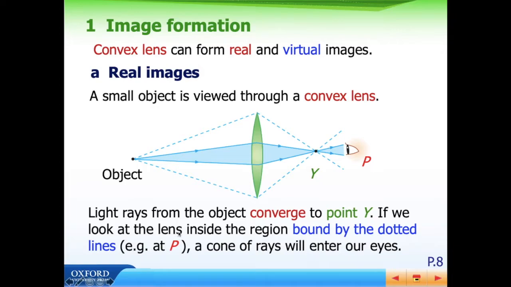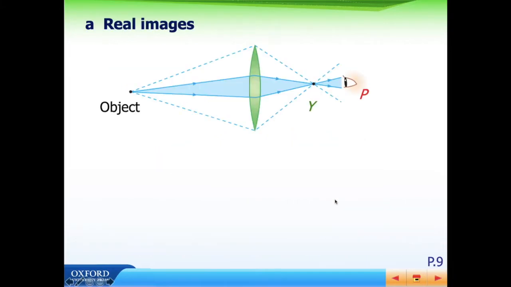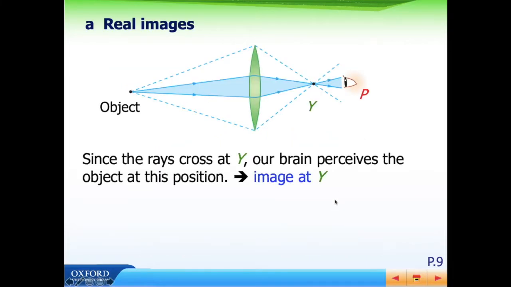If we look at the lens inside the region bound by the dotted lines, for example at point P, this is you here, the observer, and this is the dotted line boundary, a cone of rays will enter our eyes. Since the rays cross at Y, our brain perceives the object at this position.